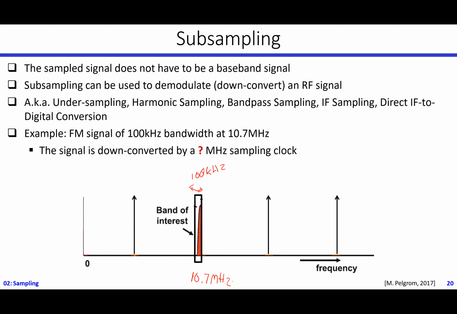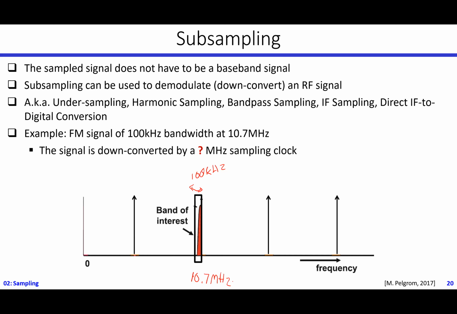What was the original sampling frequency? Is this question making any sense to you? So I had a 100 kilohertz signal that I found at 10.7 megahertz, exactly what we were just saying.